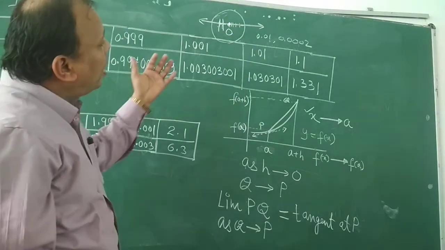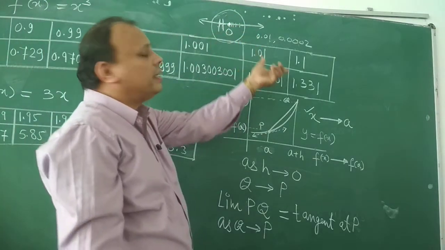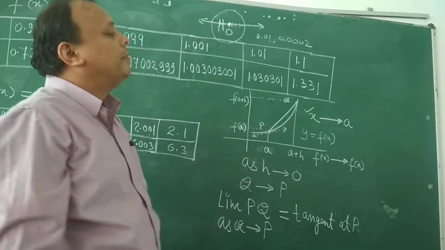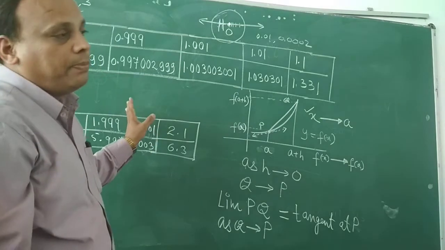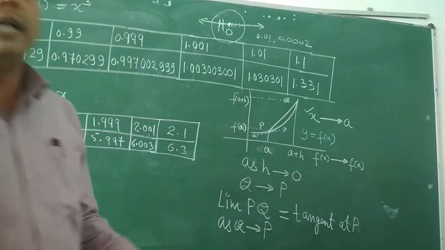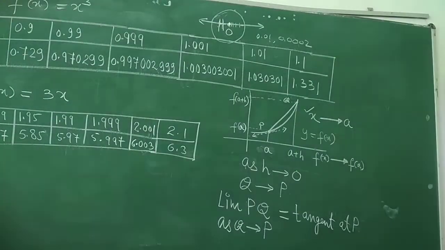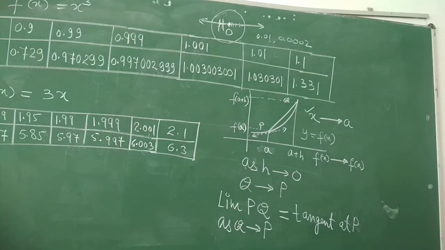So how does neighborhood affect the limit concept, or how can we approach the limit concept using neighborhood? It can be portrayed very well with the help of an example. As you can see over here, in the first table, f of x is equal to x cube, and different values are being taken.